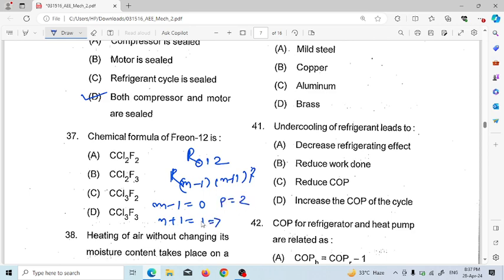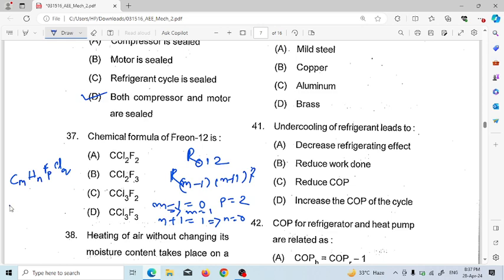So n+1 is equal to 1, that means n is equal to 0 and m-1 is equal to 0, that means m is equal to 1. So the chemical formula is C m H n F p Cl q, and for this we have to find q.